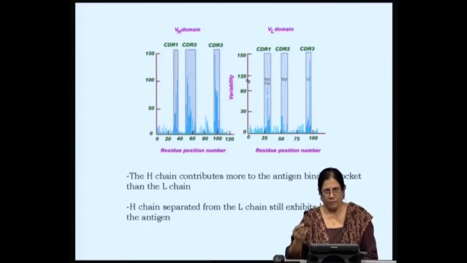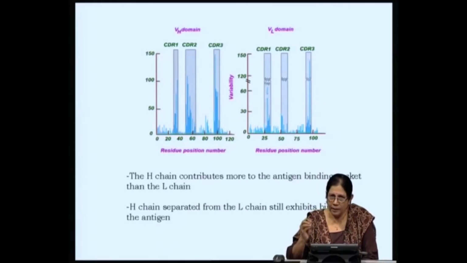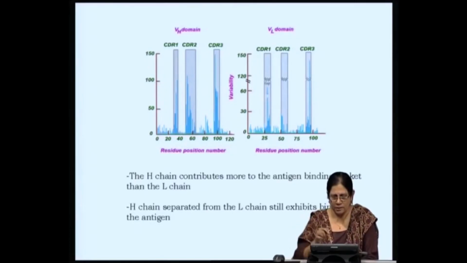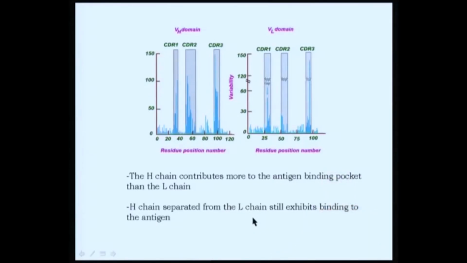People have done various experiments even at the protein level, trying to see whether, when you separate the heavy and the light chains, they are still capable of binding the antigen. In about 95% of cases, when the heavy chain is separated from the light chain by simple reduction of the disulfide bond, the heavy chain can still bind the antigen, whereas the light chain almost cannot.